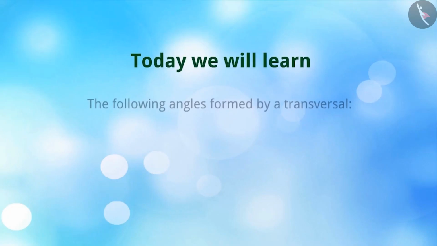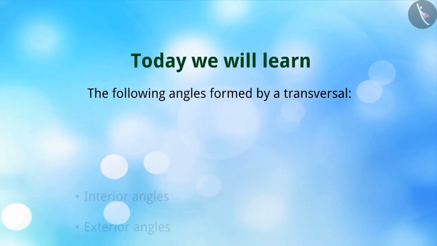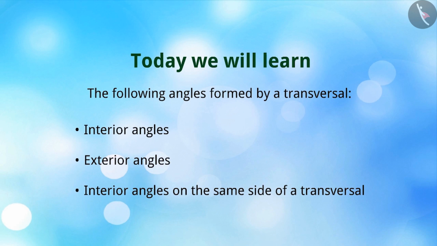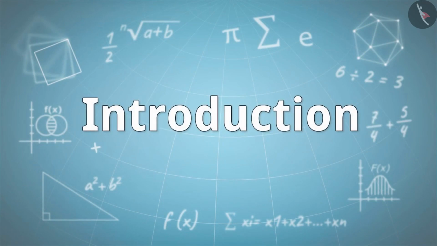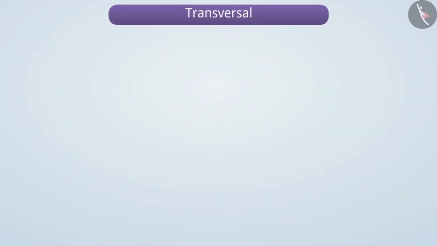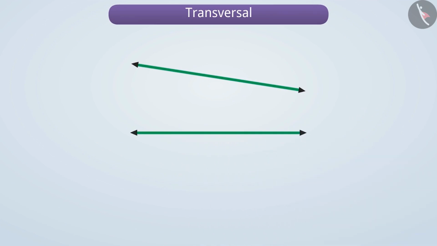Today we will learn about the following angles formed by a transversal. In the previous video, we have learned that a line that intersects two or more lines at different points is called a transversal.